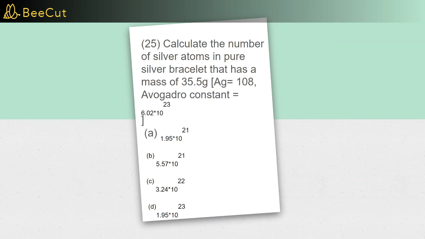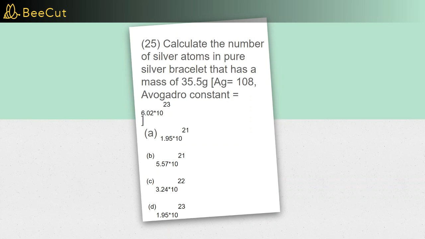25 question. Calculate the number of silver atoms in a pure silver bracelet that has a mass of 35.5 grams. Silver mass number is 108. Avogadro's constant is 6.02 times 10 raised to power 23.